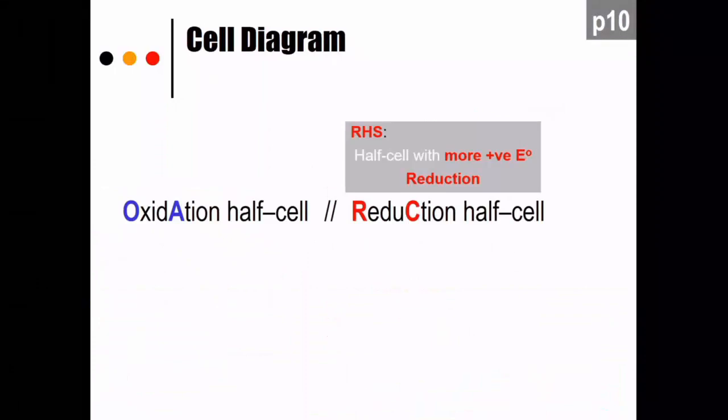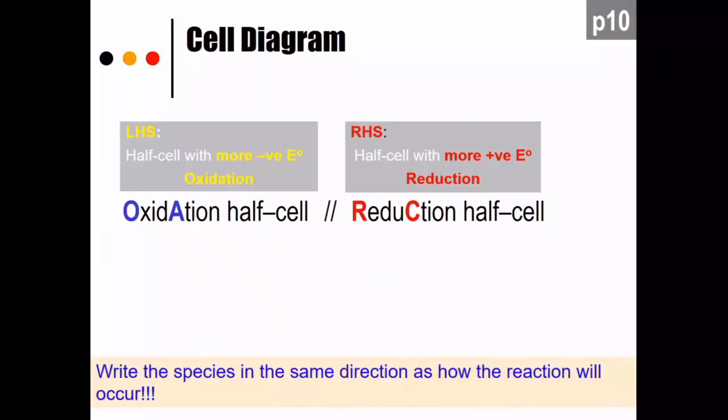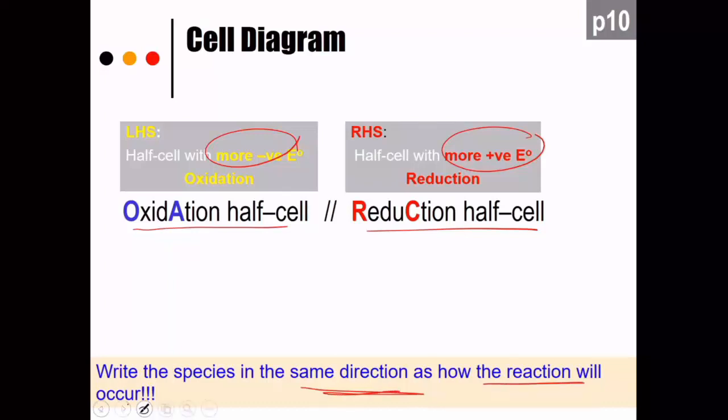Now, in summary, when you write a cell diagram, the oxidation half cell must come first, followed by the reduction half cell. And we use the E naught value to decide which is the oxidation half cell and which is the reduction half cell. When you arrange the species, you must always write in the same direction as how the reaction will occur.